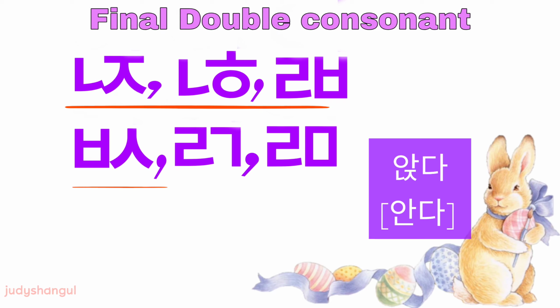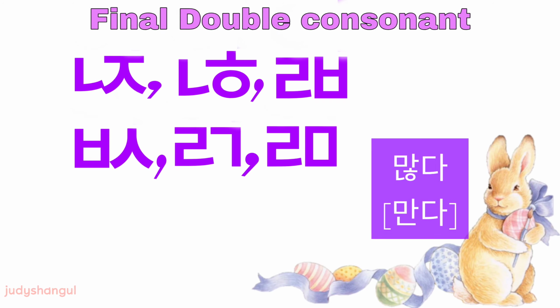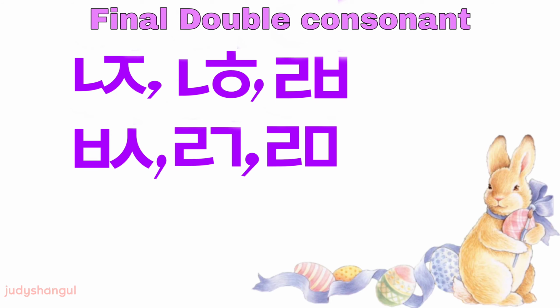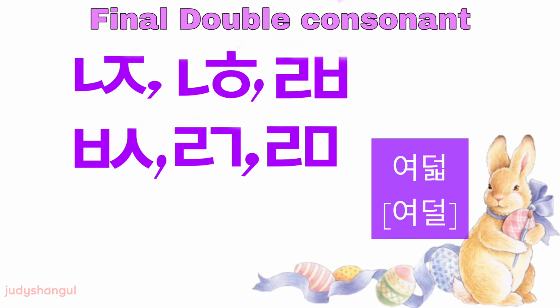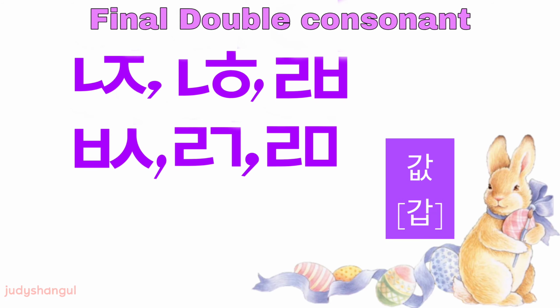Here only the first consonant 니은 is pronounced, not 지읒. 안타, 많다, 여덟, 값.